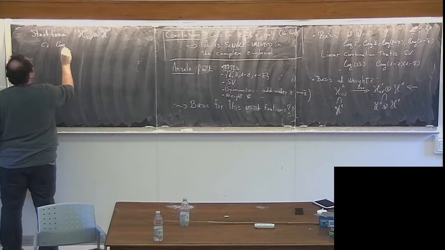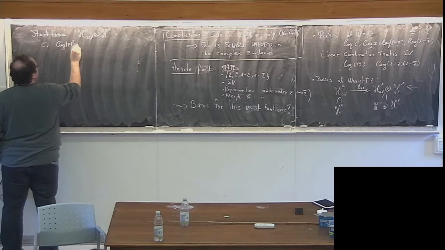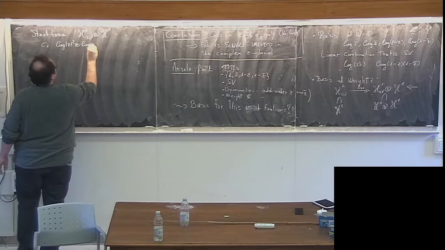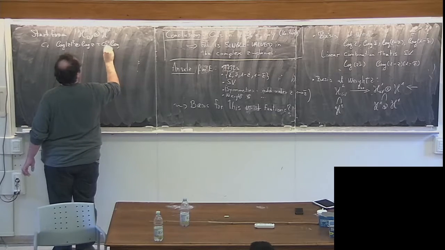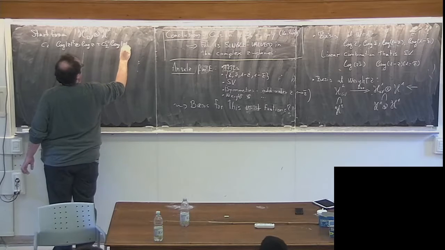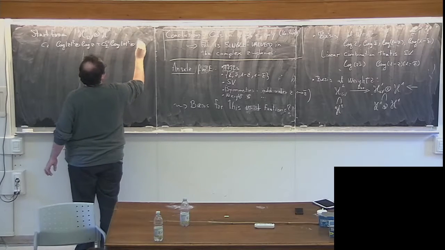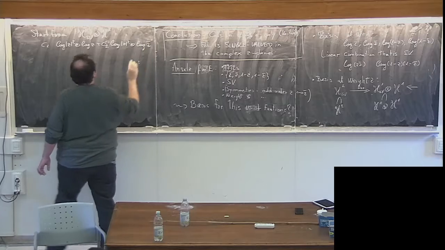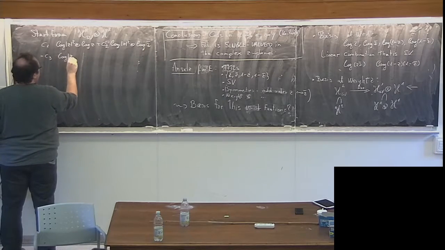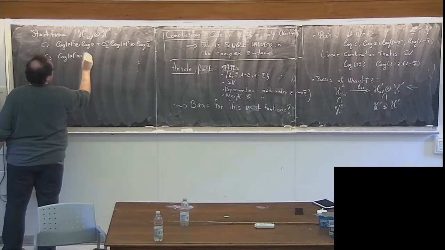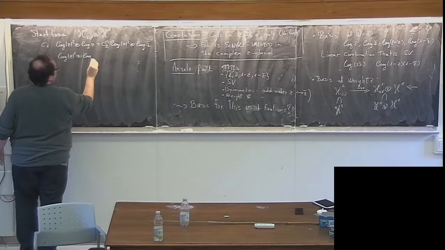C1 log mod z square tensor log z plus C2 log mod z square tensor log z bar plus C3. I'll just list all possible things that I know, because I know the basis here and I know the basis here.